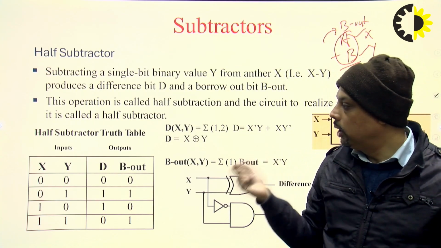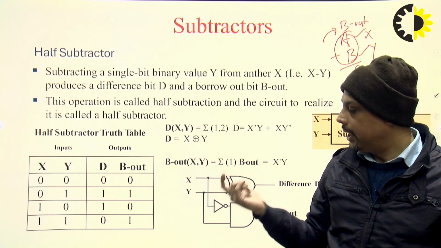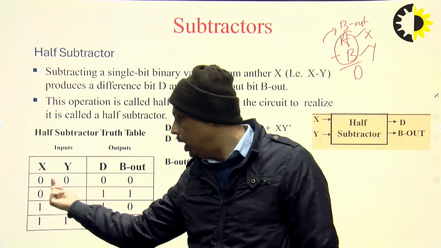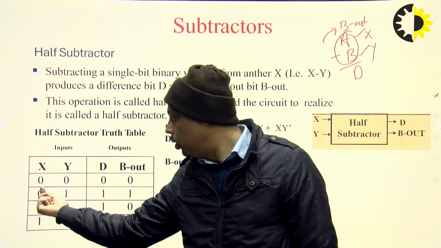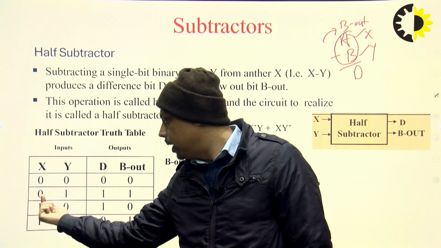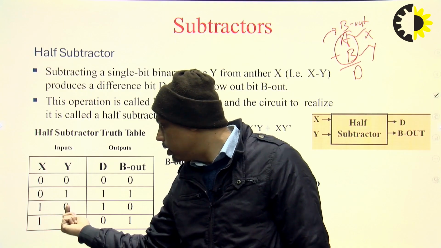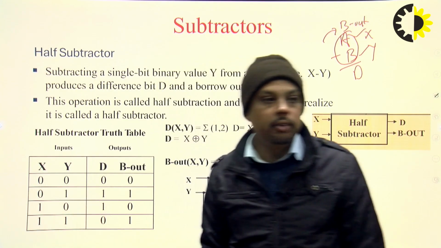Now for the possible values of the input variables: x may be 0 and y may be 0. Another possibility is x 0, y 1. Another is x 1, y 0, and another is x 1 and y 1.